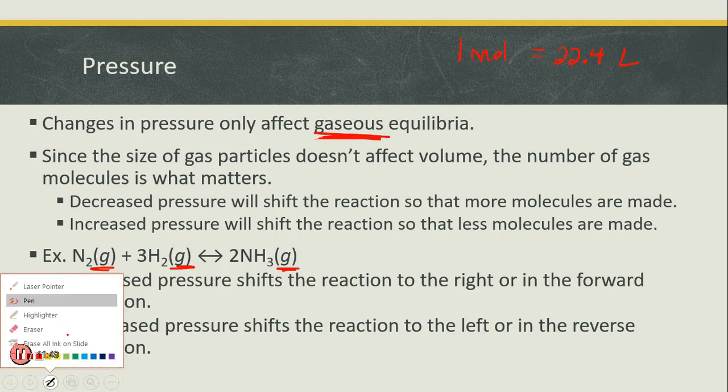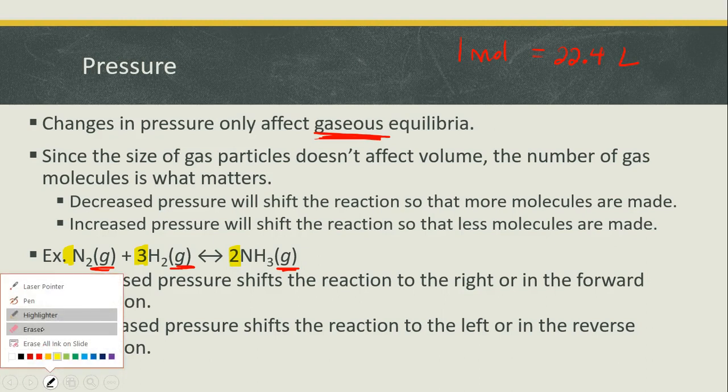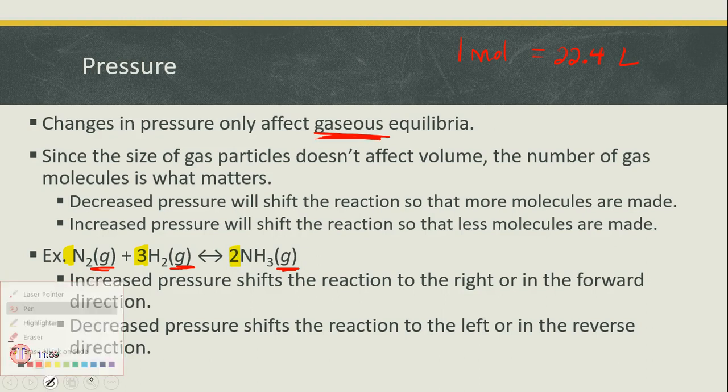So here's what we're looking at in this one. We are looking at the coefficients in front of each thing. So, okay, grand total here. On the left side, we have a grand total of 1 mole of N2 because there's an understood 1 right there. Then we have 3 moles of hydrogen gas.